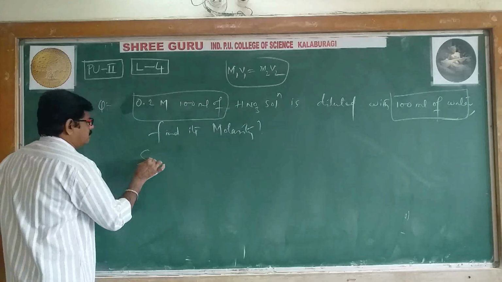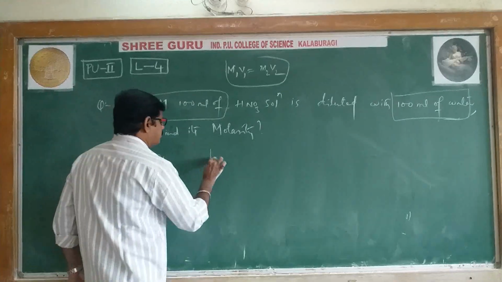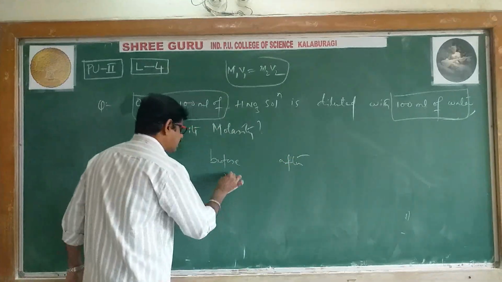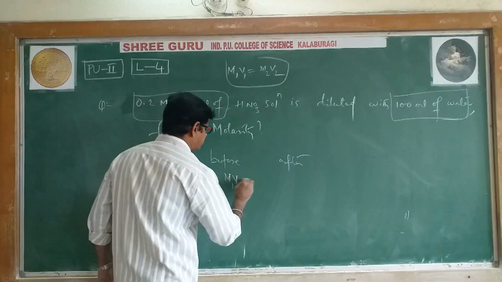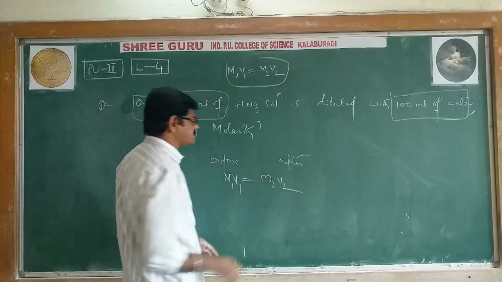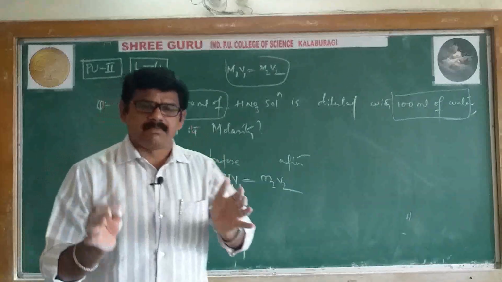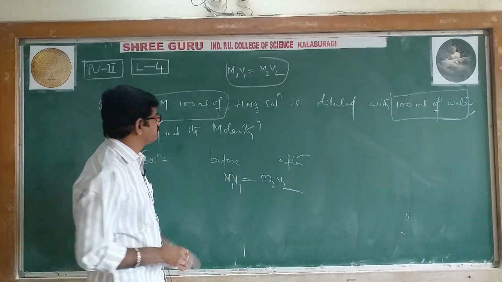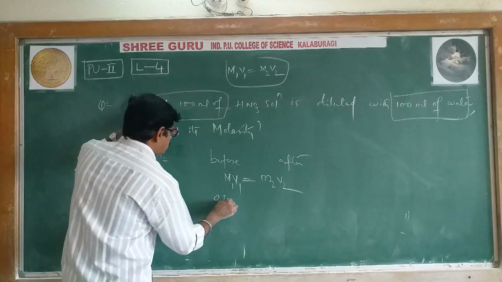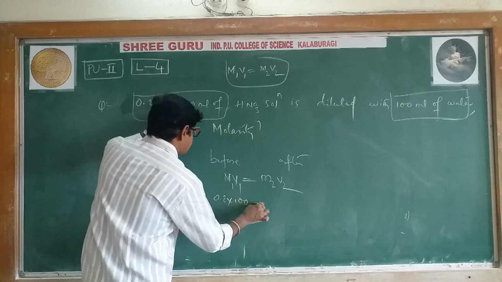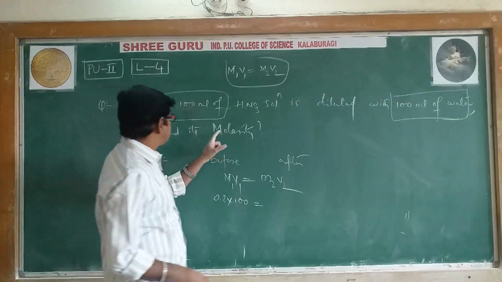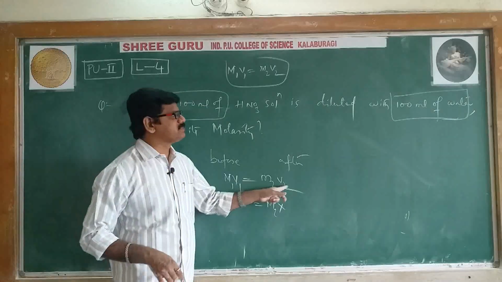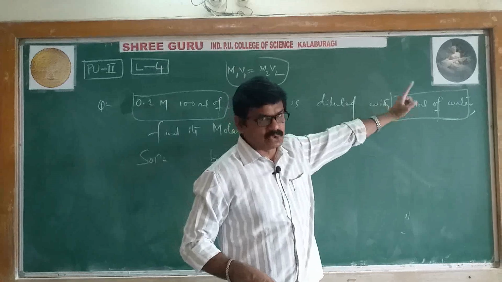That's it. We'll see the solution. Before dilution and after dilution, M1 V1 equals M2 V2. Why? Because before dilution, after dilution, number of moles remains the same. M1 V1 equals M2 V2. M1 how much? 0.2 into V1 how much? 100 equals the asked molarity, M2 is the question mark. Now the problem is with V2. Don't write 100.